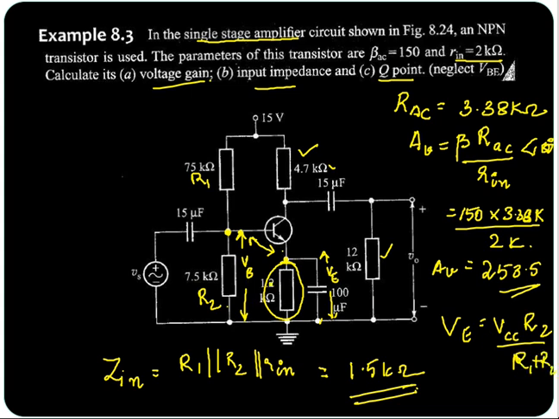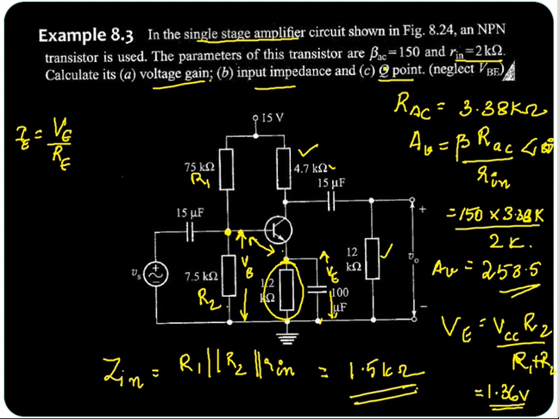Neglecting VBE, VB is equal to VE, so you get VE is equal to VCC R2 by R1 plus R2. What is VCC given? 15 volt. Then R2 and R1 values you know, on substitution you will get it as 1.36 volt. So if you got VE, what is IE? What is IE? Is equal to VE by RE.